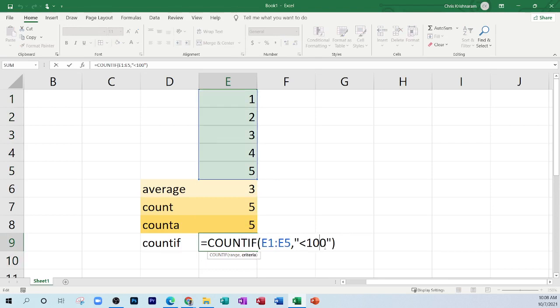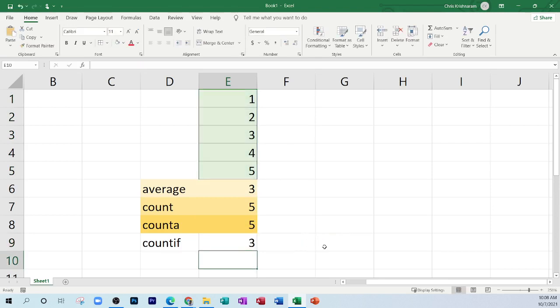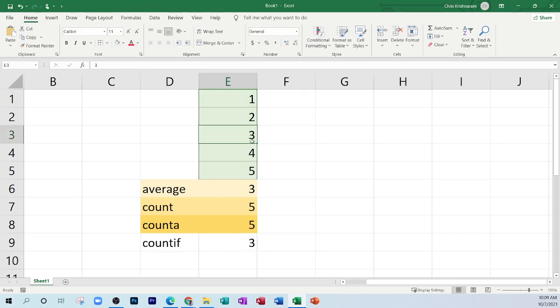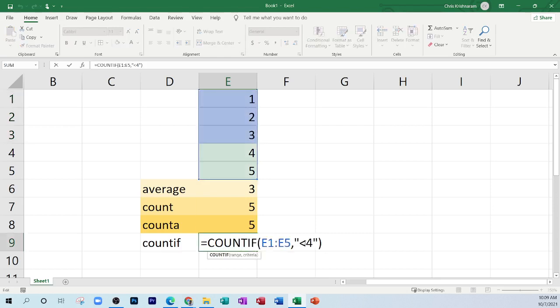If we drop it now to 4, it's asking now, so basically we need to look at the criteria first. It's asking, is there any value less than 4? The values less than 4 are going to be 3, 2, and 1. It's going to be these values here. So we have 3 cells that have a value less than 4.